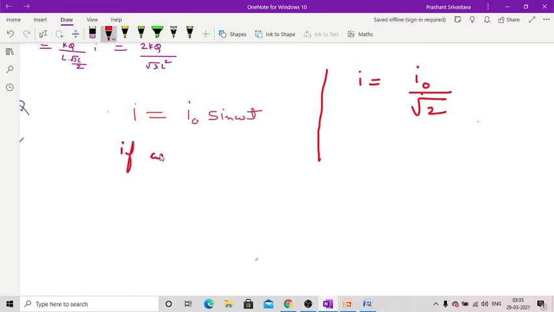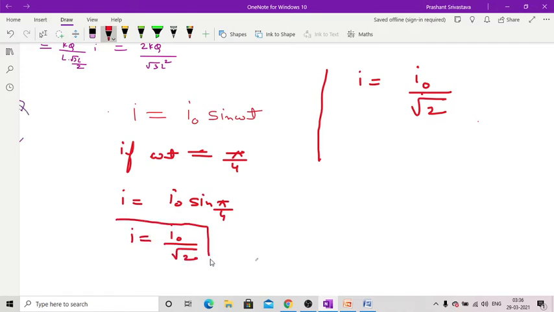If omega t is equal to pi by 4, then I is equal to I naught sine pi by 4, and you know that sine pi by 4 is 1 by root 2, then I is equal to I naught by root 2.